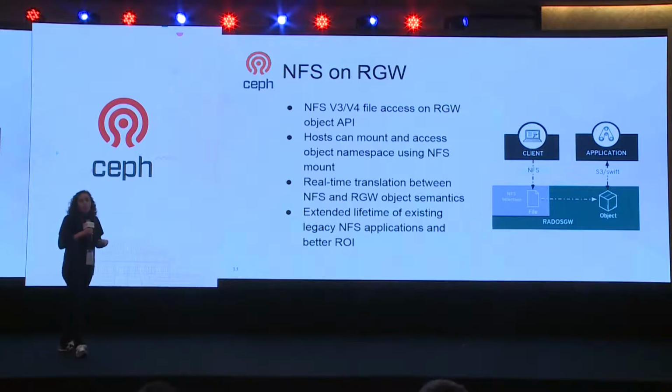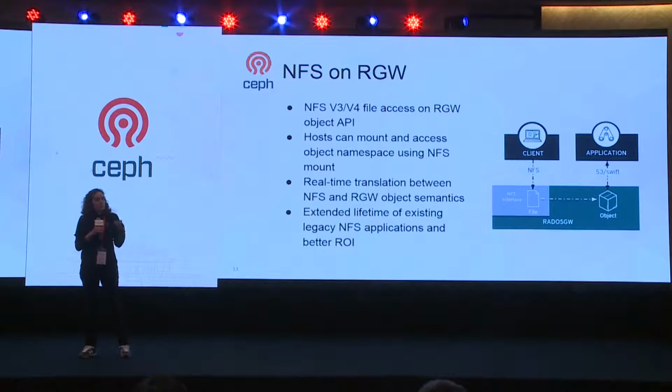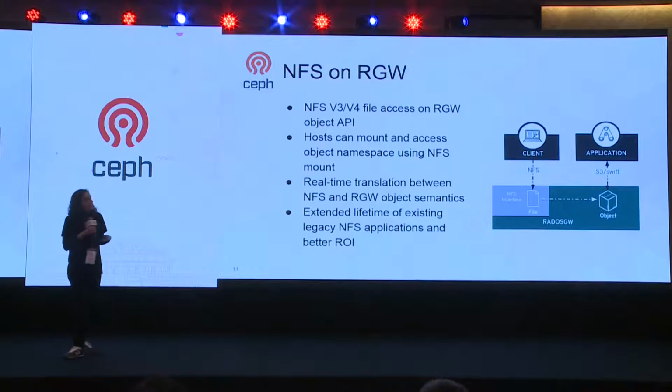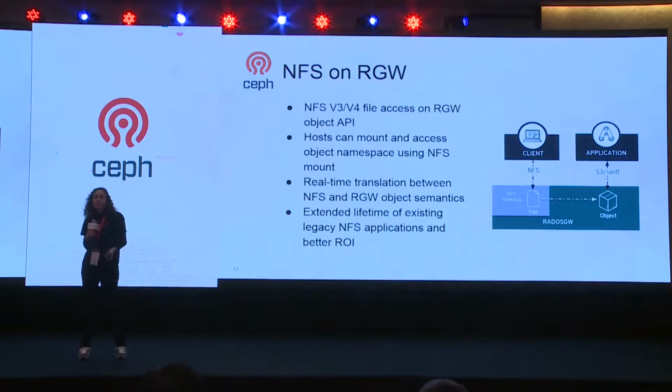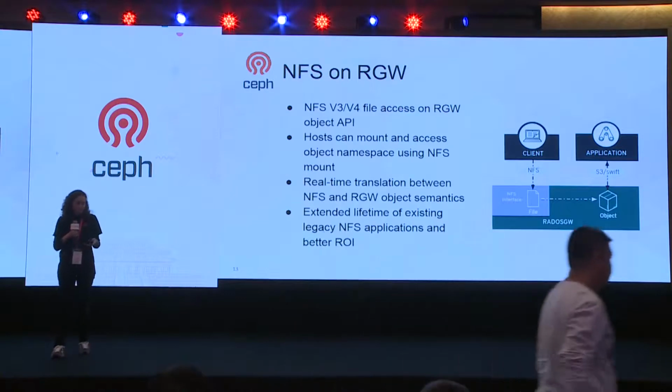For NFS, we use NFS Ganesha to implement the NFS protocol. So you run an NFS Ganesha process with RadosGW, and then you can access RadosGW using the NFS protocol. This is very useful if you have a legacy application that needs NFS, but the rest of the application uses S3, and if you want to export your data from NFS into RadosGW.